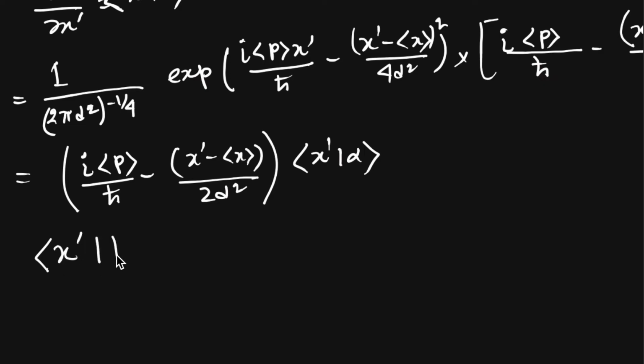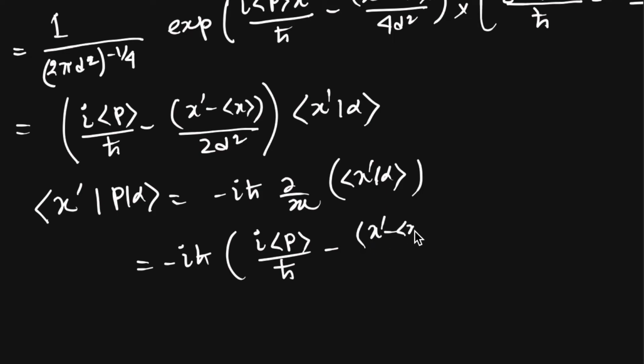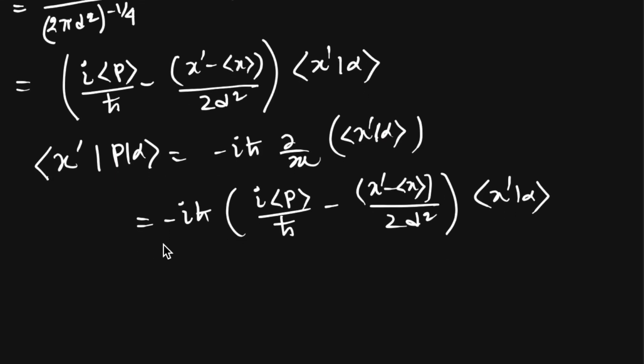X prime p alpha, which will be minus i h-cut del x of x prime alpha, that is nothing but minus i h-cut times i p by h-cut minus x prime minus expectation of x by 2 d square, x prime alpha.